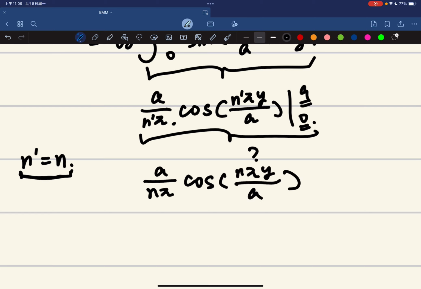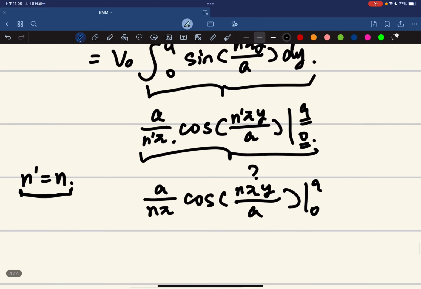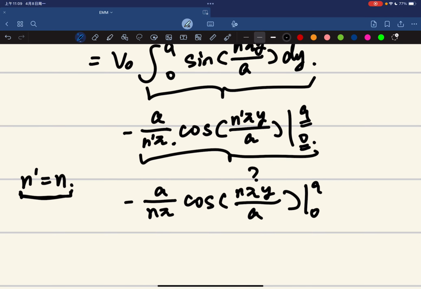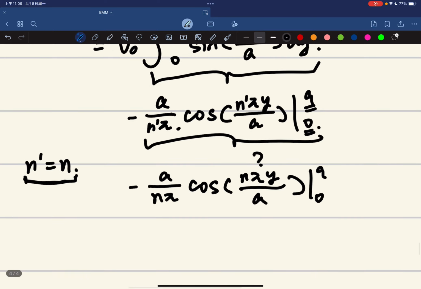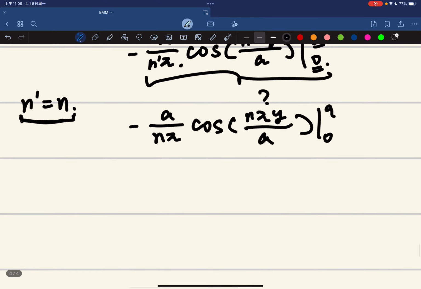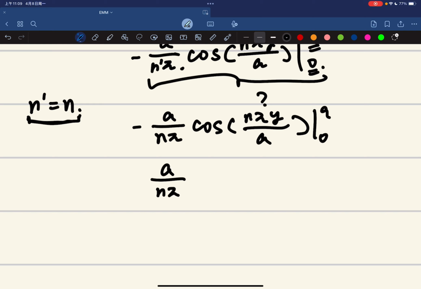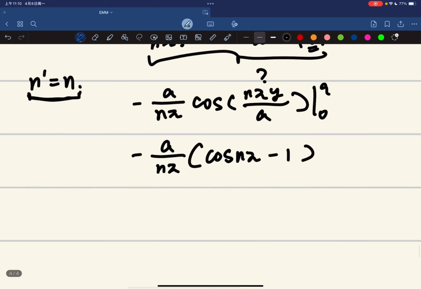So this is what we have, and I'm actually missing a negative sign here, because the integration of sine is a negative cosine. Now let me plug in the values. When y equals a it is cosine n pi, and when y equals 0 it is 1. And let me put the negative sign in.